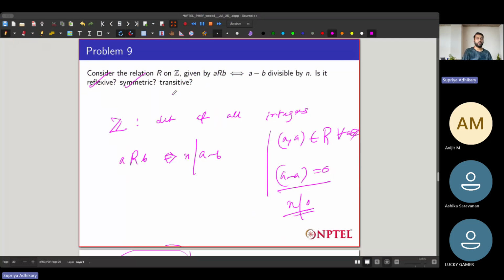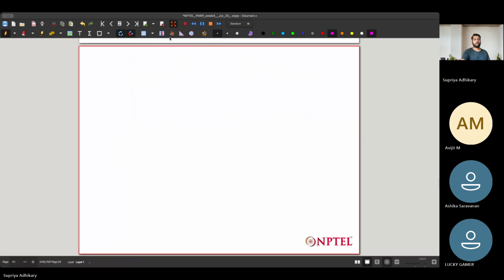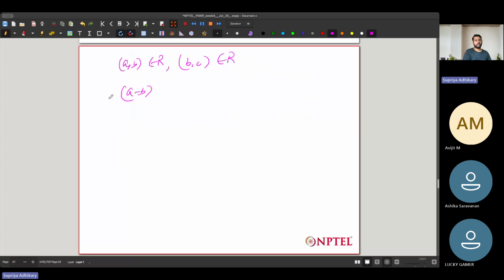And finally, we have to figure out whether this is a transitive relation or not. Now consider (A, B) belongs to R and (B, C) also belongs to R. That is, A minus B is divisible by n, and B minus C is also divisible by n. So then we can say that A minus B is equal to some n t, and B minus C is equal to some n k.